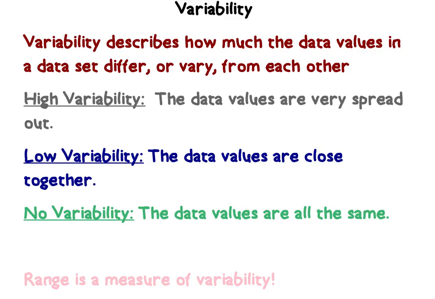I'm going to give you three statistical questions, and I want you to think to yourself which has high, which has low, and which has no variability. First question: if I were to survey all of the students in this class and ask how many bikes your family has at your house. I'm not asking you to actually count right now.